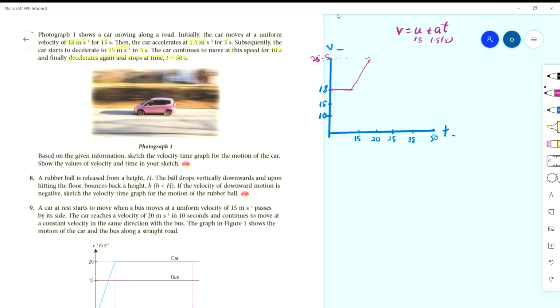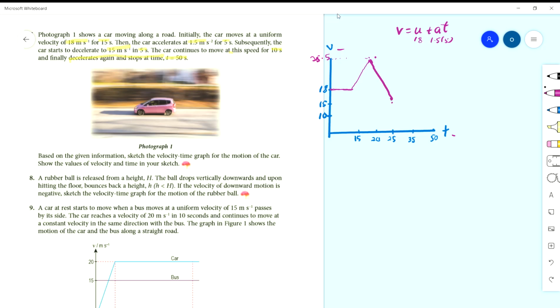After that, subsequently, decelerate to 15. So 15 tadi kita dah set kat mana? Kat sini 15, let's say. So dia decelerate, sampai 15 kat sini.